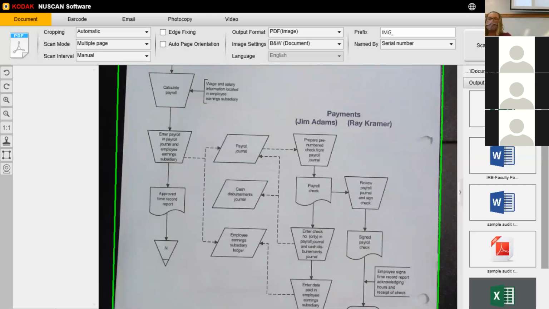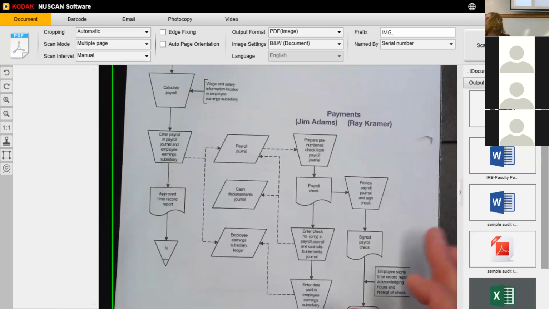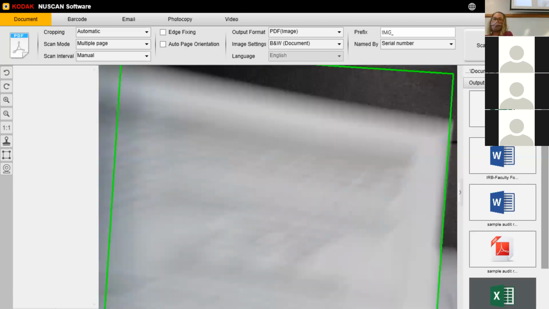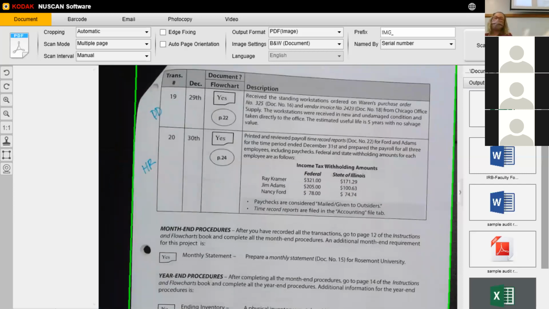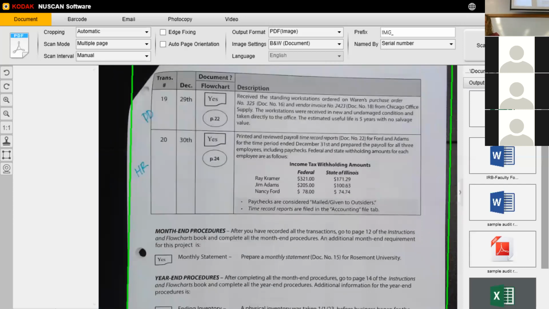So let's try to dig in and do this. We start with, it tells us in the prompt that we received the time cards for Ford and Adams, and Jim is now in the process of preparing the payroll for all three employees, including the paychecks.